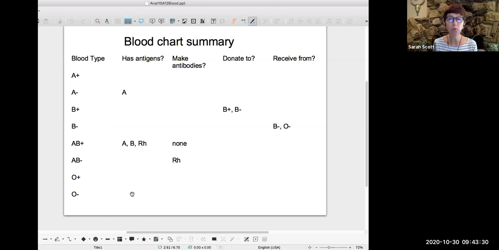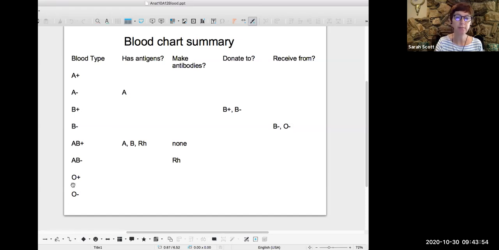That is the most valuable kind of blood they can get. And the reason is that can go into anybody without having to type and cross the blood. So if somebody's bleeding out right now, you can give them O negative. Right? So that is called the universal donor. Everybody loves O negative.